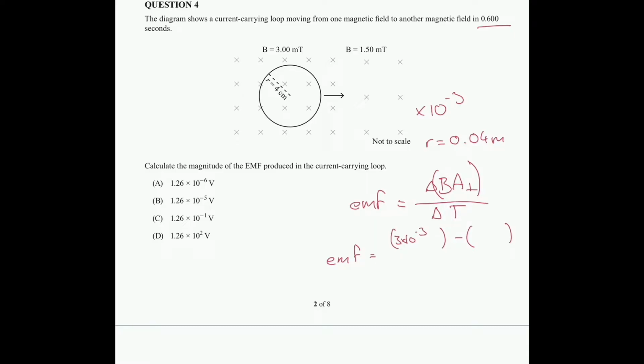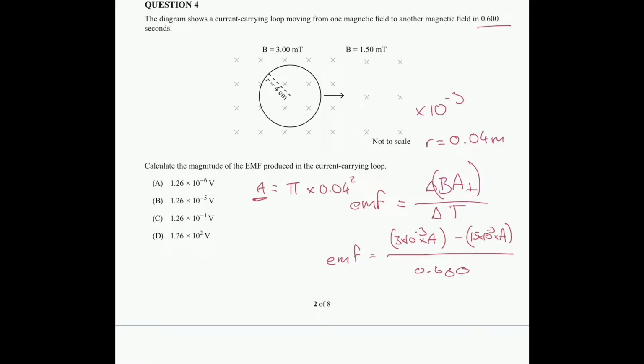Our area, I'm just going to write to the side here for our circle, A is equal to the area of a circle, pi r squared, so pi times 0.04 squared. So I will put the area here, multiplied, minus our 1.5 times 10 to the negative 3 multiplied by the area of our circle. Coming back to this one, all over our change in time, 0.600.